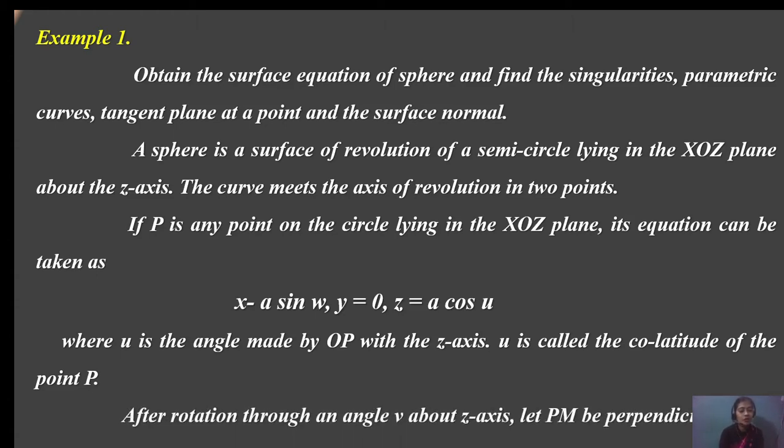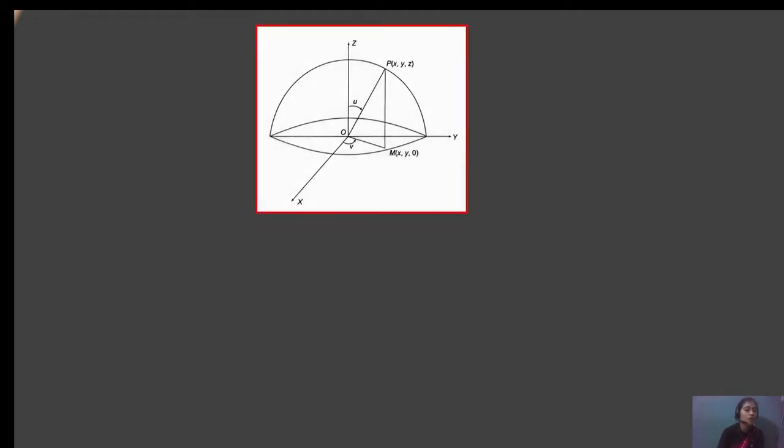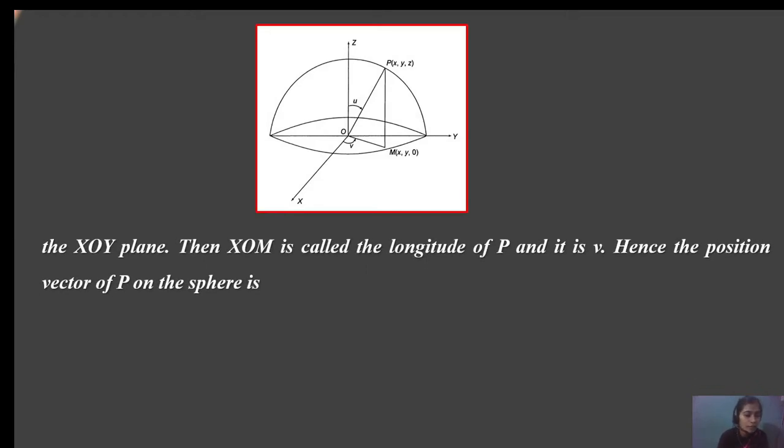Then after rotation through the angle V about the z axis, let PM be a perpendicular. For the given figure, the x, y, z axes are drawn, O is the center point, and the semicircle is drawn. The point P is considered, and PM is drawn. The angle u is considered, for example 45 degrees, and V is the angle in the XOY plane.